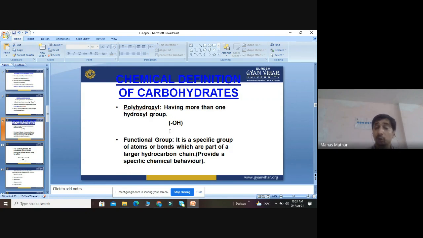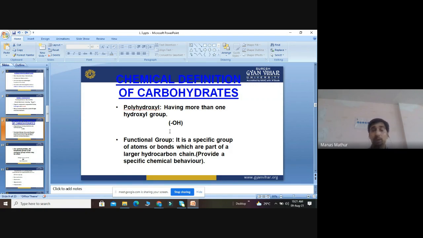And then we have the functional group. What is a functional group? It is a specific group of atoms or bonds which are part of a larger hydrocarbon chain, and they provide the specific chemical behavior.